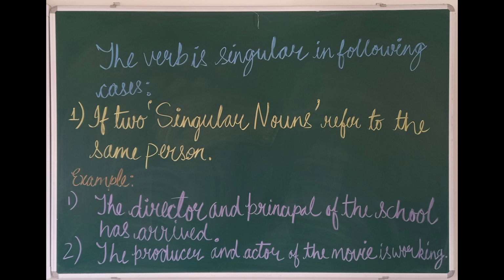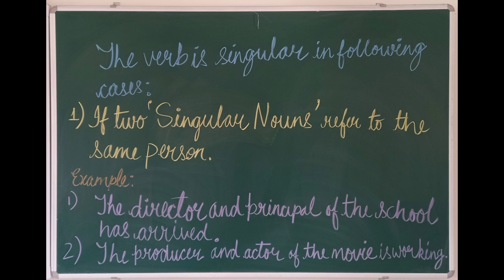In this sentence, article the is used in the beginning, and director and principal are referring to the same person. That's why we have used the singular form of verb, that is has. So here the director and principal refers to a singular subject.